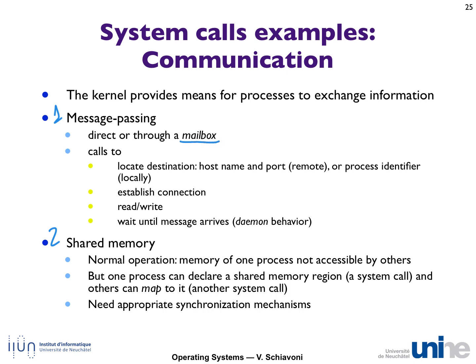This something is called a mailbox. And through message passing, one has to issue calls to locate a given destination, establish a connection, read or write data, and wait until a given message arrives.